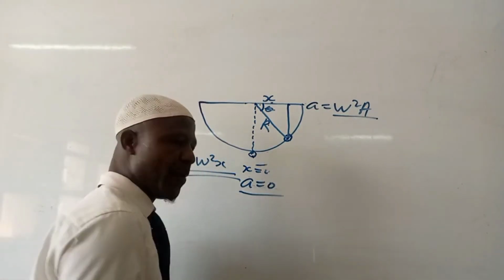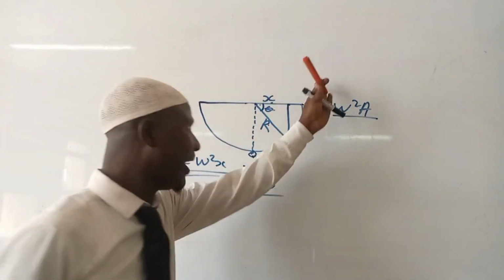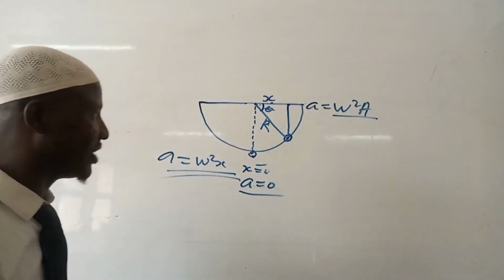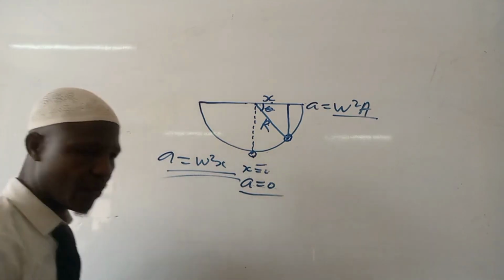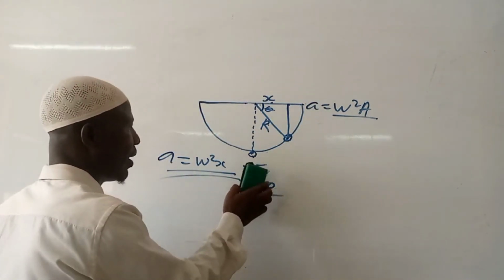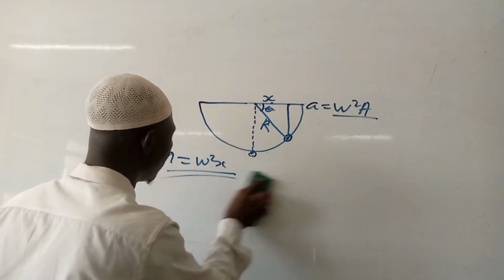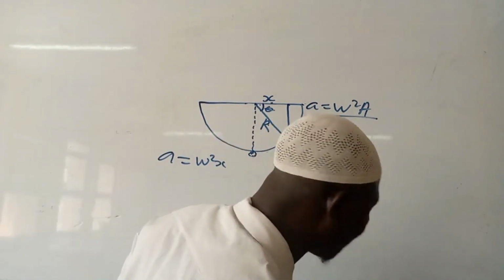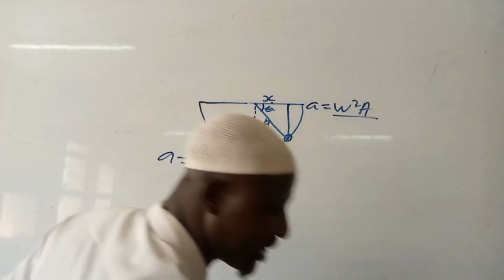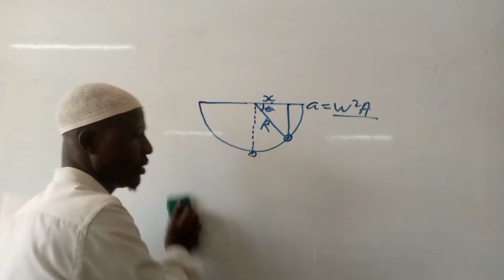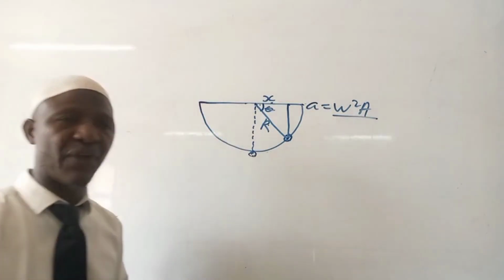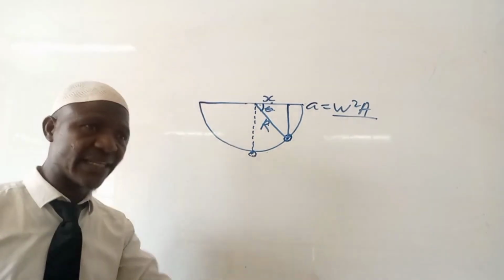Now let's go to velocity, at the midpoint or end point or at any point along the motion. Now we are going to use the formula for acceleration. So in that case, we have to integrate this acceleration. Don't forget, when you differentiate velocity, you get acceleration.